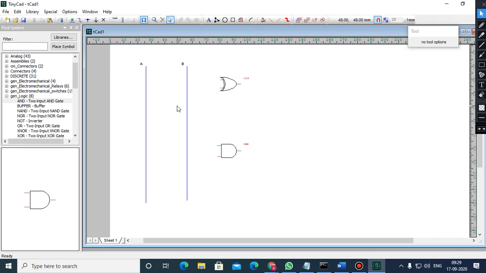So what you need to do is just to draw. So here first of all this one, and here you have joined these two wires. This is connected and further this is connected. So children, this is half adder.